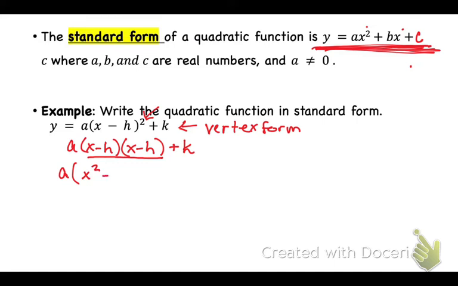Probably should be minus 2xh. Because this would be xh, yes? And this would be what? xh. So how many xh's would I have? 2. And then plus h squared? Yes.